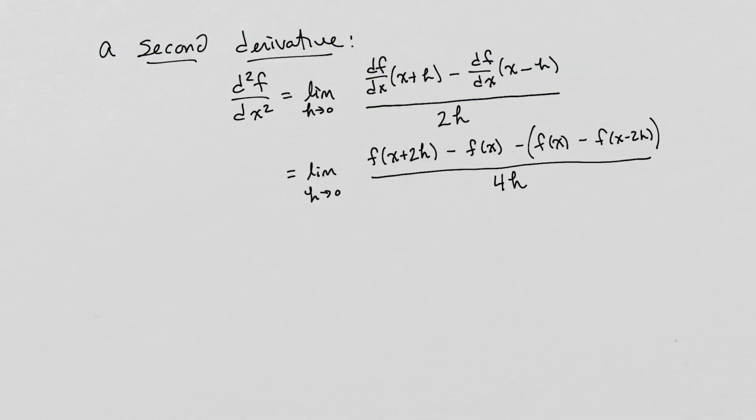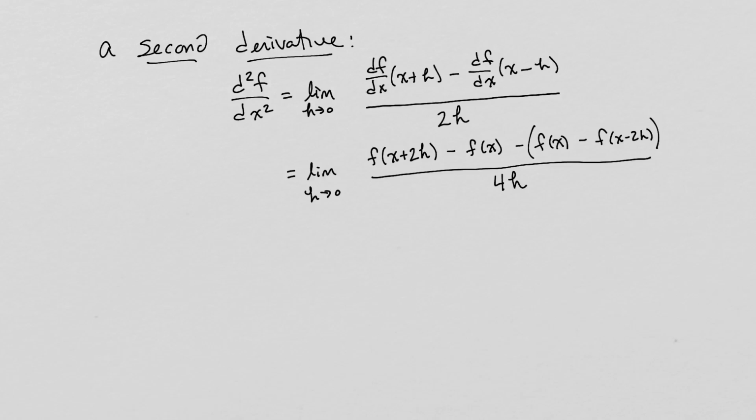So if I take that as my definition of a derivative, I can go ahead and build a second derivative. The second derivative is going to be the derivative of the first derivative, which means that I'm going to do it from both sides. So df dx at x plus h minus df dx at x minus h, divided by 2h.